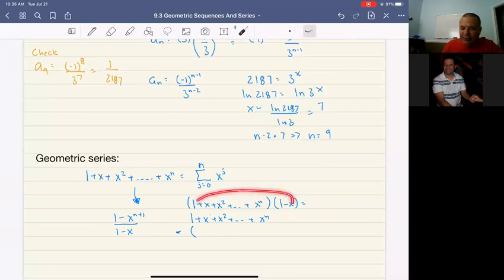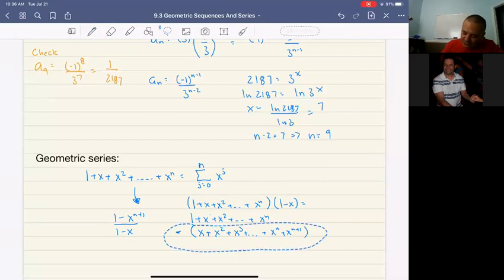So x times 1 is x, minus x times x is x squared, minus x cubed. Oh, actually, those are all pluses because of this minus x to the n minus, and x to the n plus 1. Okay? Just put that in there better.